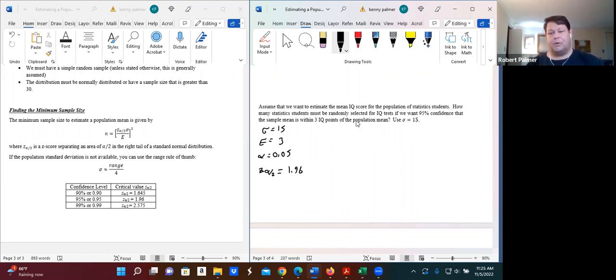Okay, we're going to plug those in. And so n is going to be 1.96 times sigma, which is 15, divided by E, which is 3, and then we're going to square this.